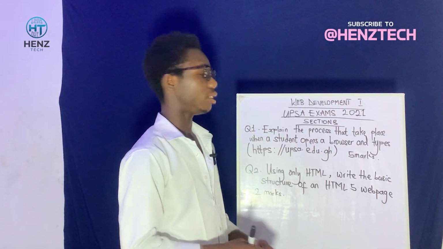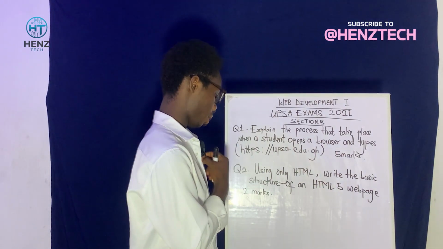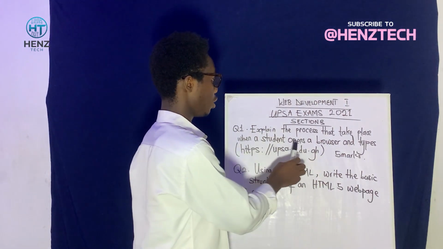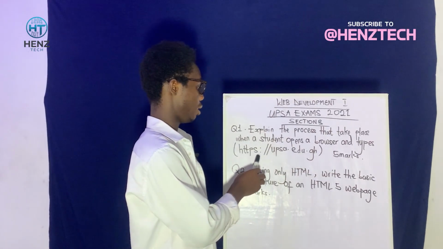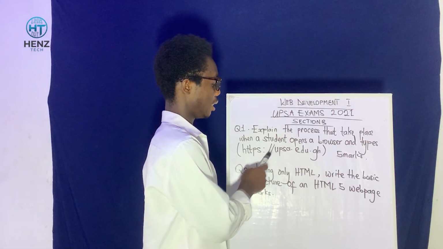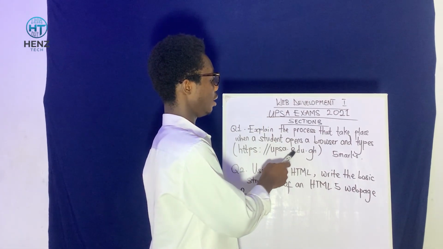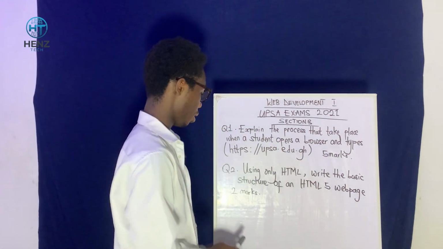Question 1 says, explain the process that takes place when a student opens a browser and types https://upsa.edu.gh for 5 marks.